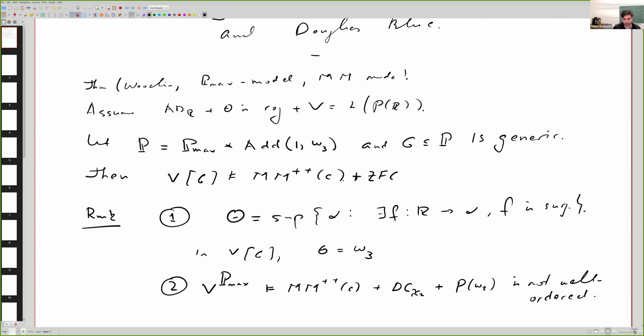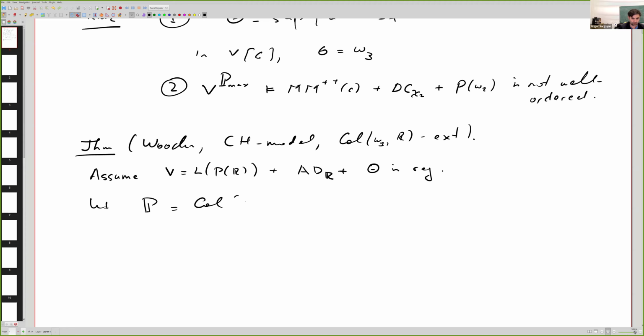Assume V equals L of power set of R plus AD_R plus theta is regular. So let P be called omega 1 R.